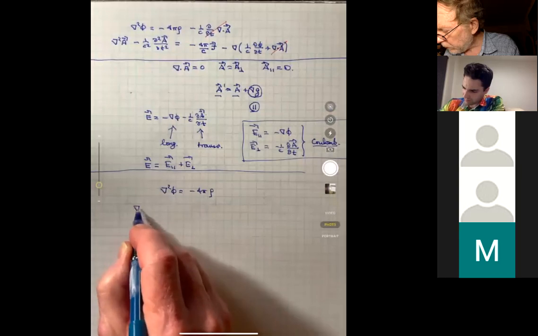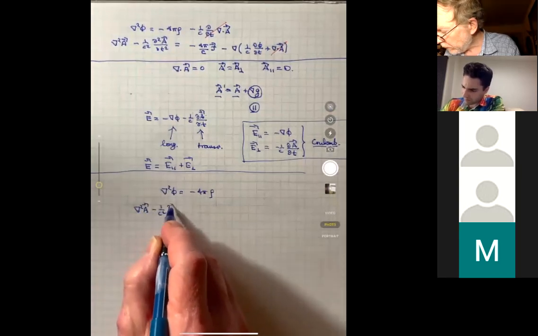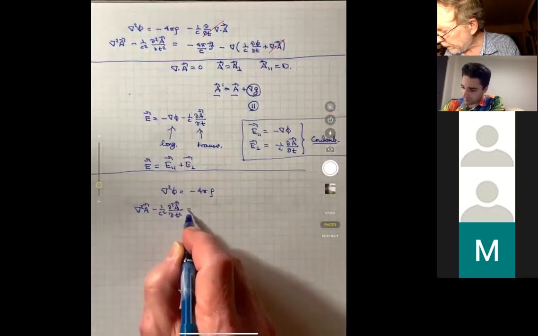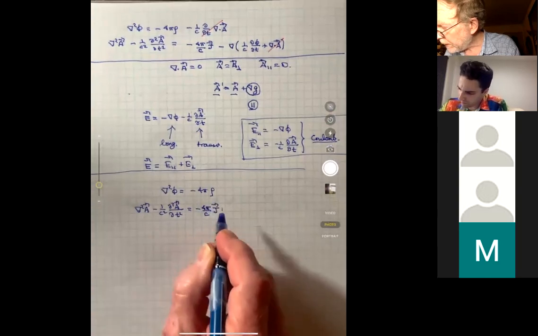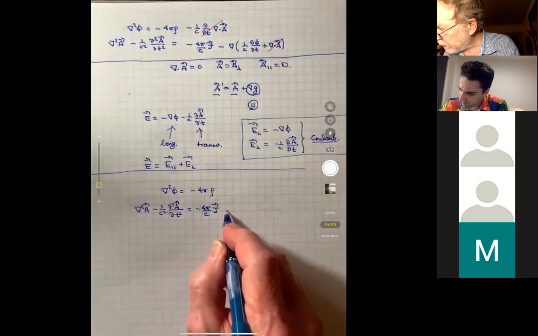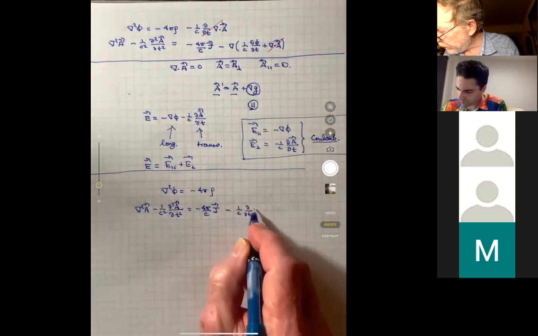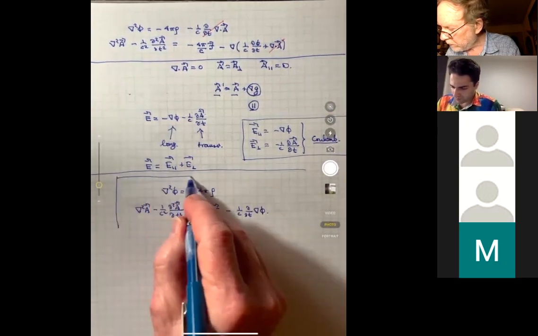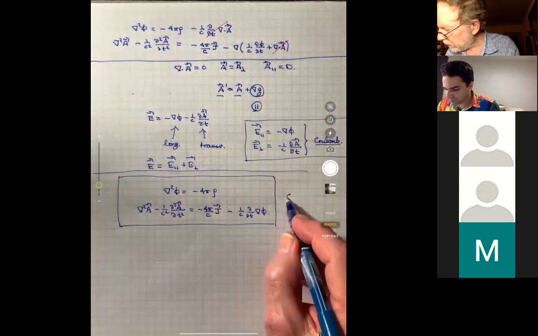And we get del squared A minus 1 over c squared d squared A/dt squared, which is basically a wave operator on the vector potential, is equal to minus 4 pi over c times the current density J plus another term, which is minus 1 over c d/dt of the gradient of phi. Let me box these because these are the equations in Coulomb gauge. They've simplified.